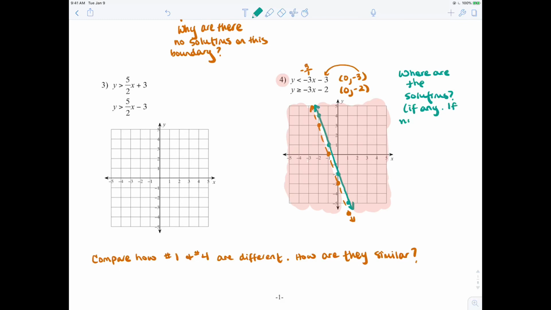If none, then why? Why are there none? So you can pause the video or stop the video to answer these questions and do the rest of the practice problems.